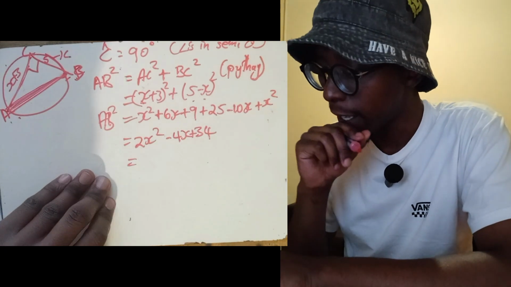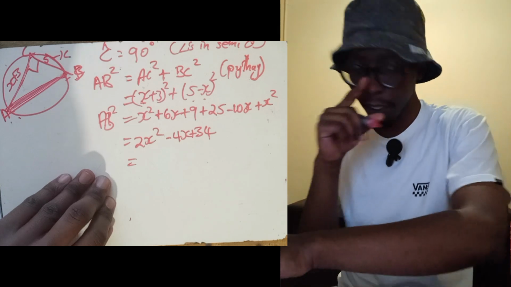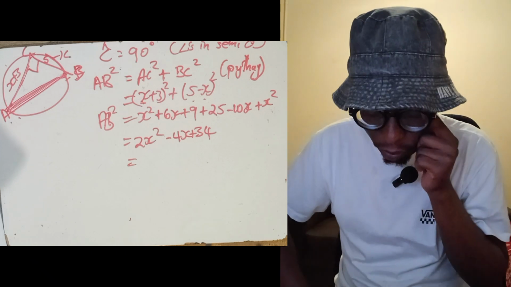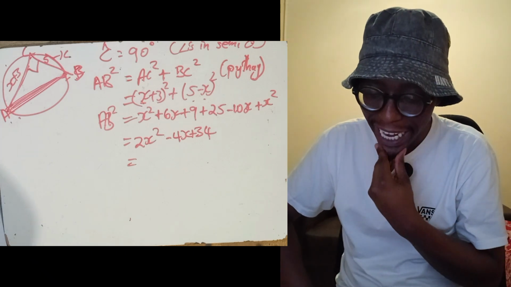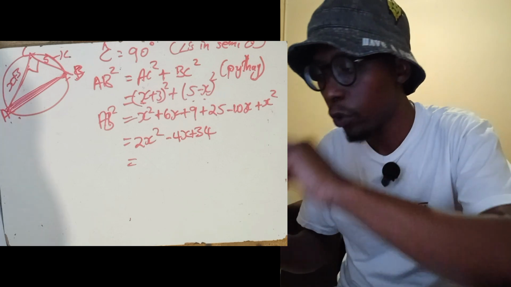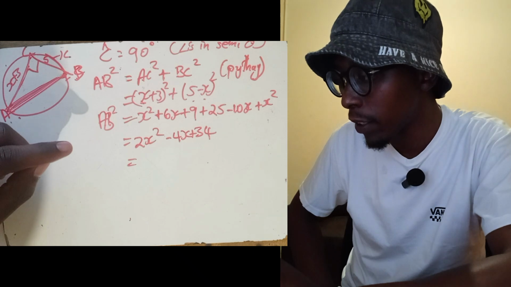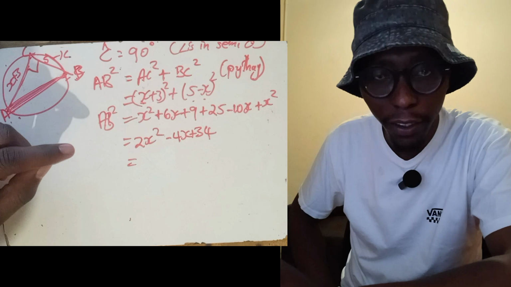And then now, what must I do now? Calculate the value of x that will make AB, the diameter, a minimum length. So whenever they talk about a minimum, if it's not calculus, you must know what they are referring to in quadratic equations.